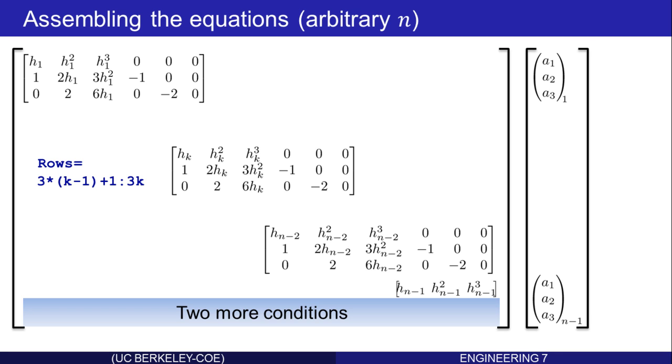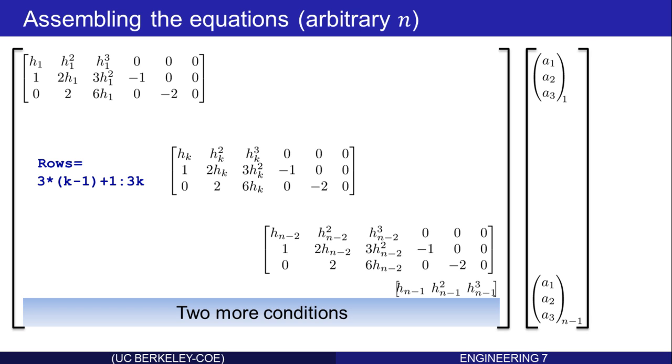The columns is just slightly more complicated. The first matrix goes from 1 to 6. The second matrix goes from 4 to 9, and so on. The starting column location is the same as the row starting location. It starts at 1 and then moves in threes with each successive k. The ending is what's different.